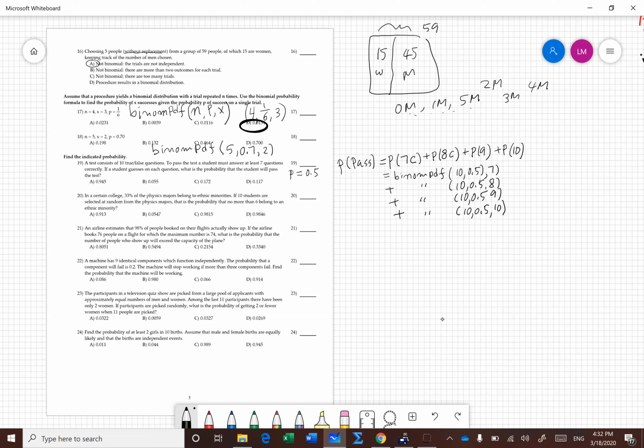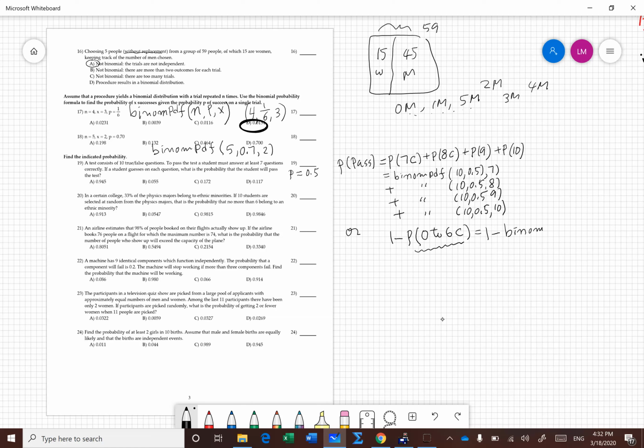So, or you can do 1 minus the probability of 0 to 6 correct. Is that right? Okay. As long as you start from 0, this is 1 minus, now use a different function.